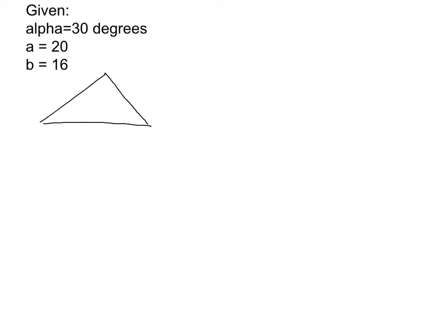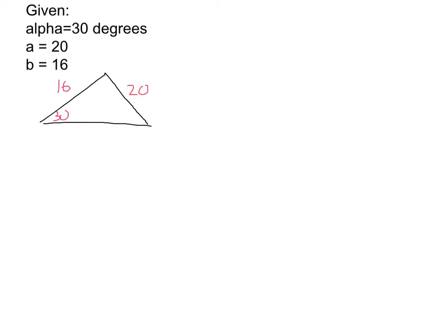Just a random triangle. And like they did in those ones that we were just looking at, I like to put the alpha down in this corner, and A needs to be across from it, and then B is one of the other sides. It doesn't matter where I put it. I'm just going to put it here to sort of follow the same pattern as what we just looked at.